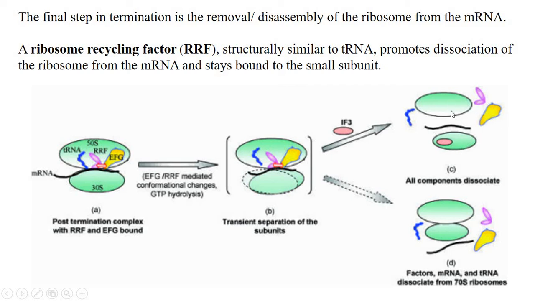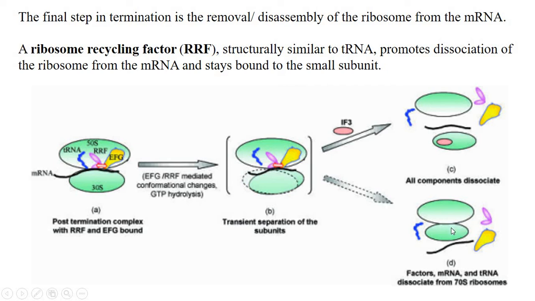The ribosomes are now separated. Remember the function of initiation factor 3 is to keep the subunits apart. So initiation factor 3 binds to the small subunit and keeps those subunits away. Once all these extra components are dissociated, IF3 is also released.